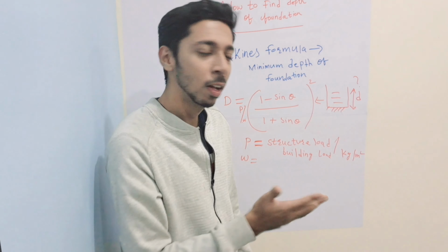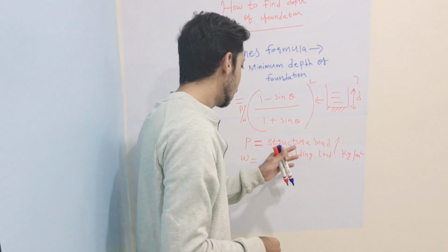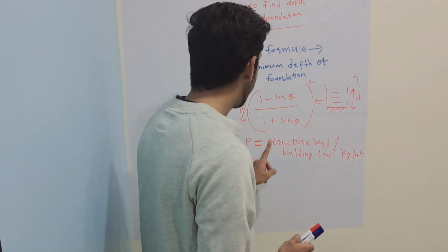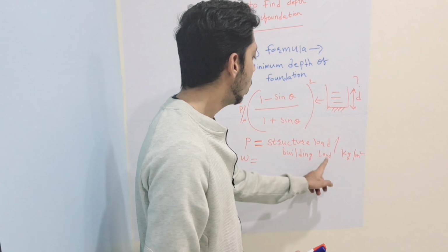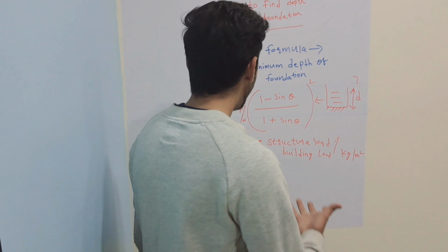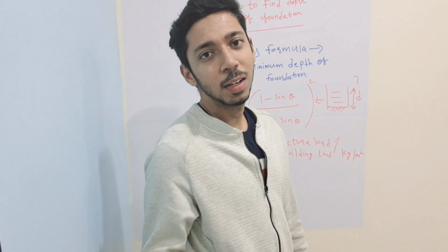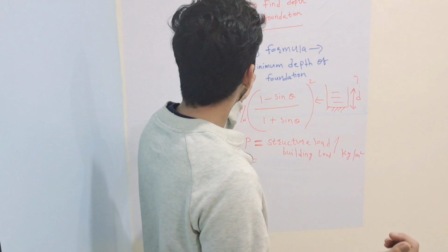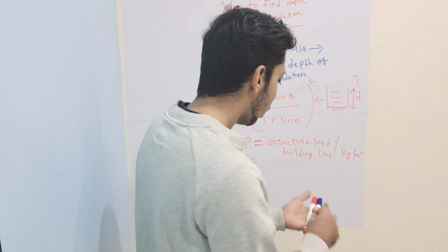I hope you are getting what I am trying to convey here, right? So let us move towards formulas. P by W. P is your structure load, building load, kg per meter square. Many members don't know how to find the depth of the foundation, so you can find it through Rankine's formula.